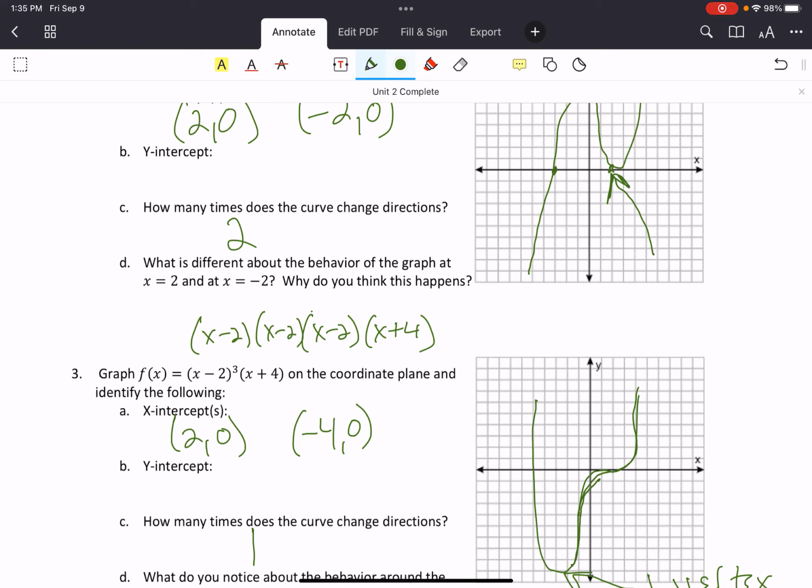What would the a be? The leading coefficient, what would the a be? It'd be 1. So if I were to multiply this whole thing out, I'd have a 1x to the 4th, right? So this represents a positive 4th degree.